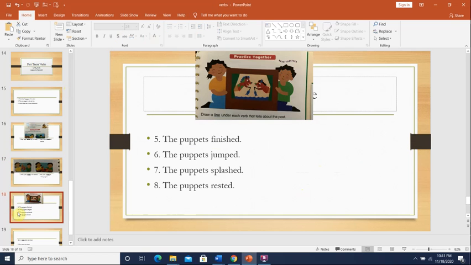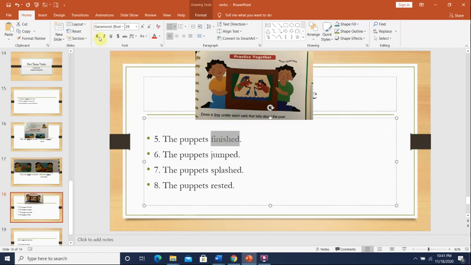All right, here it says draw a line under each verb that tells about the past. We will go to each sentence and we will look for the verb that tells about the past. Again, what tells us that the verb is in the past? Ed. The puppets finished. I chose finished because it's the verb and it ends with ed.